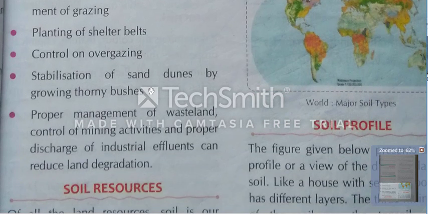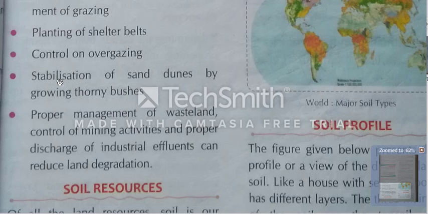Next is stabilization of sand dunes by growing thorny bushes. Stabilization, that word comes through stabilize, stable, okay, stable of sand dunes. What is the meaning of sand dunes?